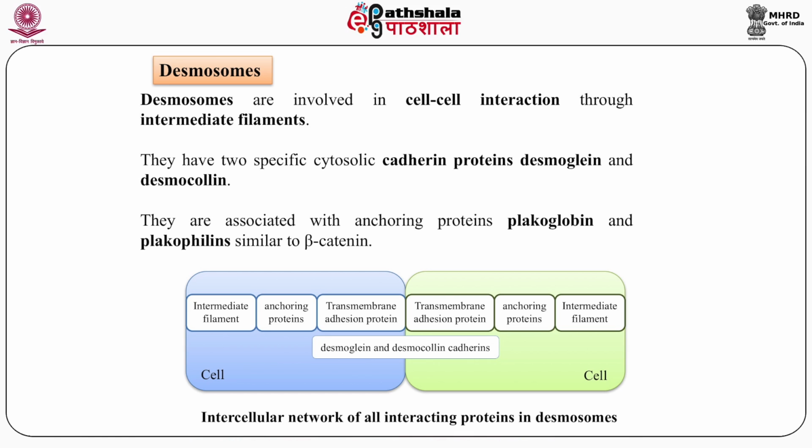Plakoglobin and plakophilin are the major constituents of these plaques, which are similar to beta catenin, and they act as anchoring proteins. These anchoring proteins bind to specific cytosolic cadherin proteins, which are desmoglein and desmocollin, and extend into the intercellular space, where they interact, forming an interlocking network that binds the two cells together.